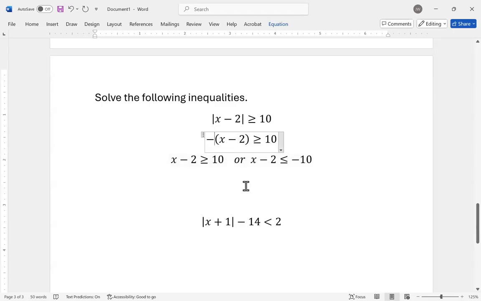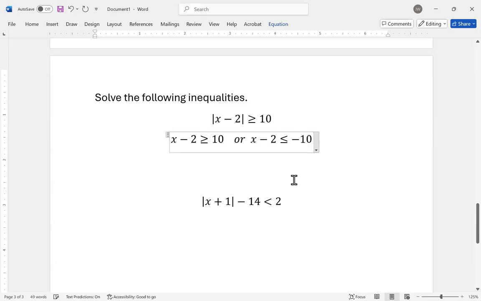If the thing inside is positive, then I just keep it this way, and that's where we get this side. If the thing inside is negative, then we need to do that, and that's where I get this. So basically, when you use the negative number, we flip the sign.